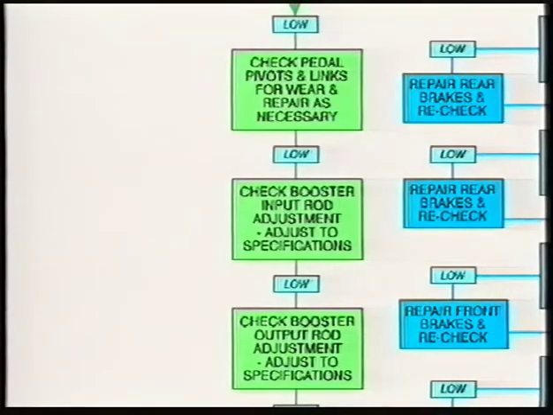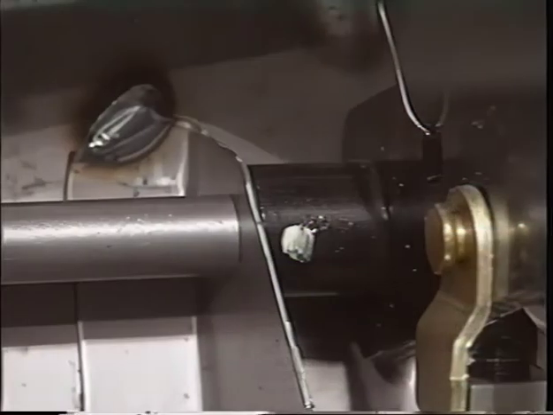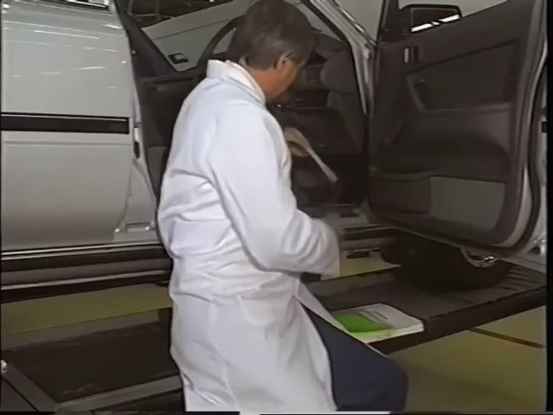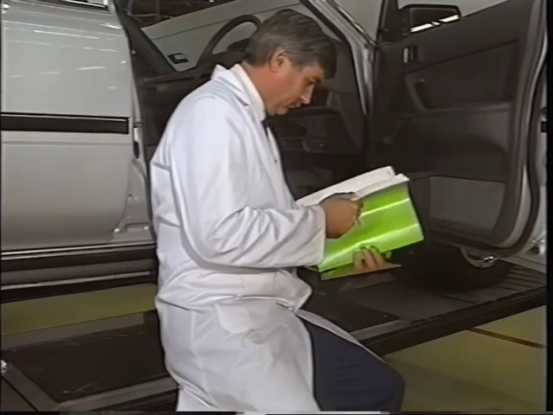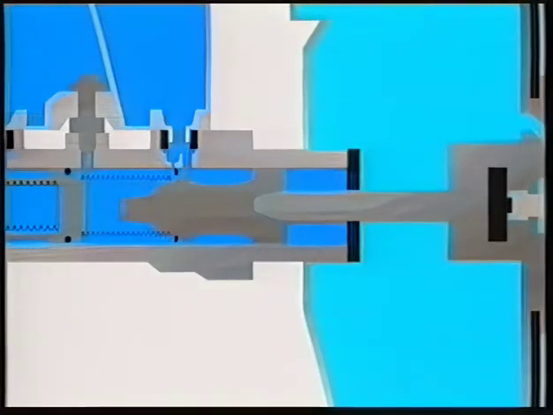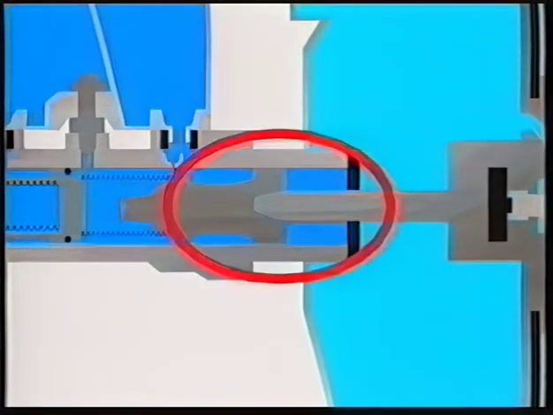Next, we looked at what problem might exist if, after clamping off all the flexible brake lines, the pedal was still low. We first checked the pedal assembly for wear in any of the pivot points, and then followed this with a check of the booster input rod adjustment. Then came a check of the clearance between the booster output rod and the primary piston of the master cylinder.